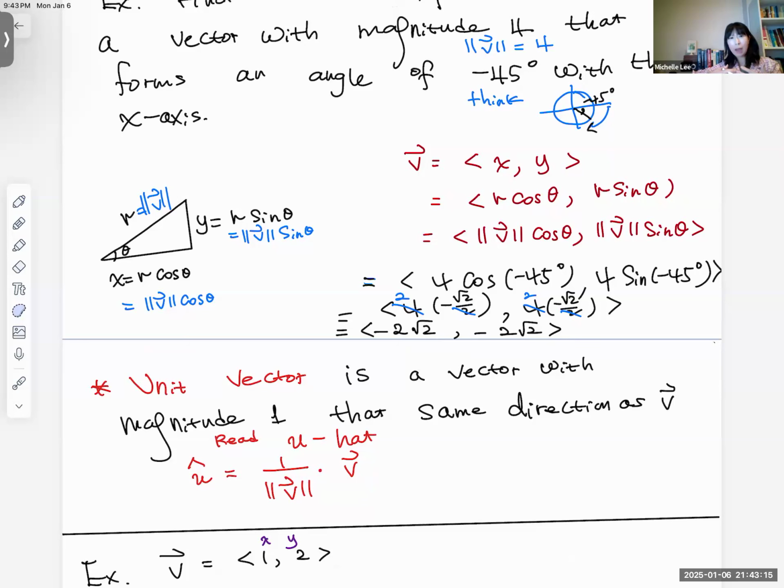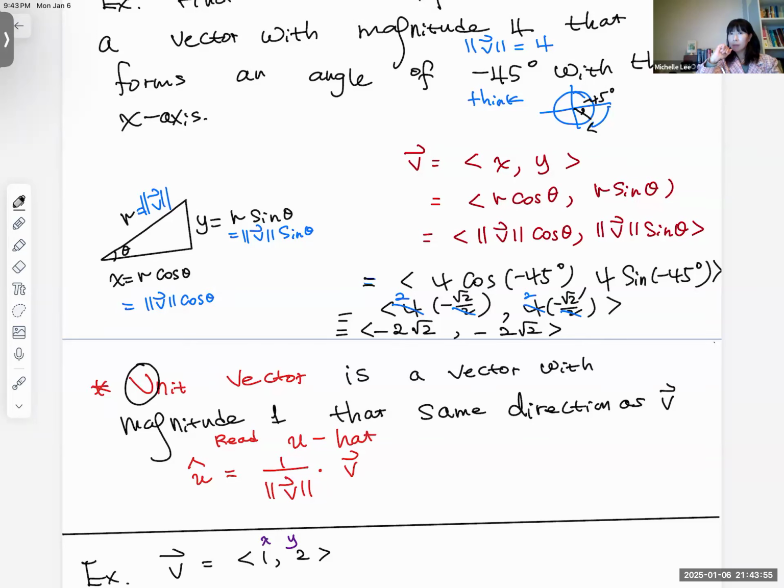When we see u hat, that means unit vector, because we are using just the first letter, u, for unit, right? And then we have the formula: 1 over the magnitude of vector v times vector v, right? So what this means is the same direction as vector v. So vector v goes in this direction, then the unit vector has the same direction. Make sense?